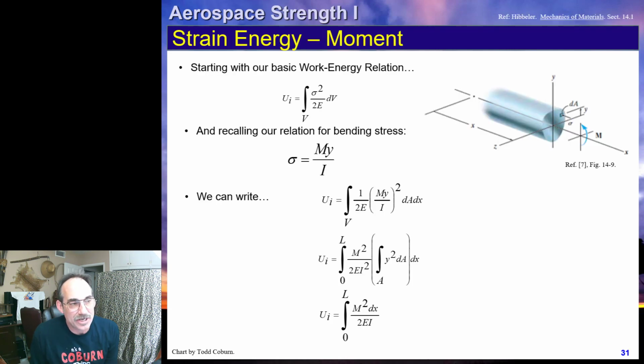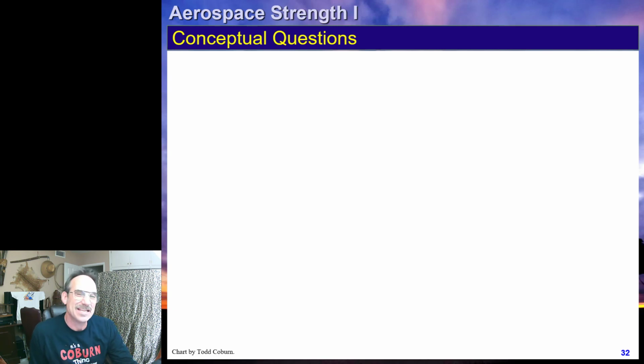The strain energy is just the integral of M squared dx over 2EI. If it's a constant section, then that integration just means you're going to change that dx to an L. It will be M squared L over 2EI. If it's continuously changing, you'll have to integrate it. If it's a lumped section, you can take the length of each little subpart and use the I for that, or the moment in that, as we've done before.